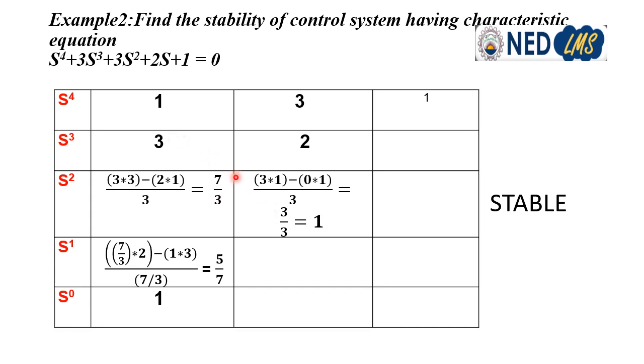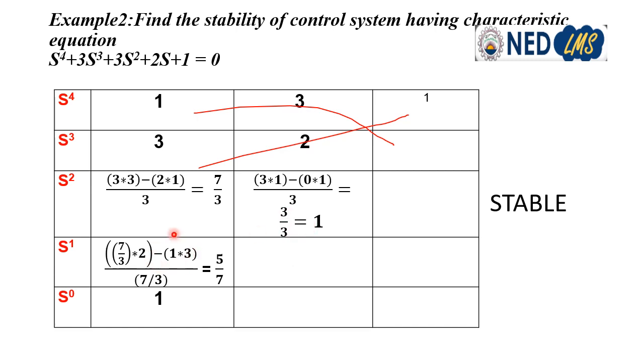Here we use the first column, that is 1 and 3, and the next column to this term. So this is 3 multiplied by 1 minus 0 multiplied by 1. Here actually we have assumed that there is a 0 over here, divided by again the first element, which is 3, so it will become 3 upon 3, that is equal to 1.